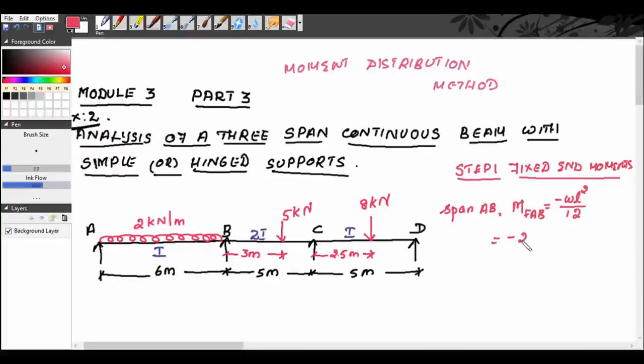So substituting the values, we get minus 2 into 6 square divided by 12. We get it as minus 6 kilonewton meter. Now, MFBA will be equal to plus WL square by 12. So that is equal to plus 2 into 6 square by 12, we get it as 6 kilonewton meter.